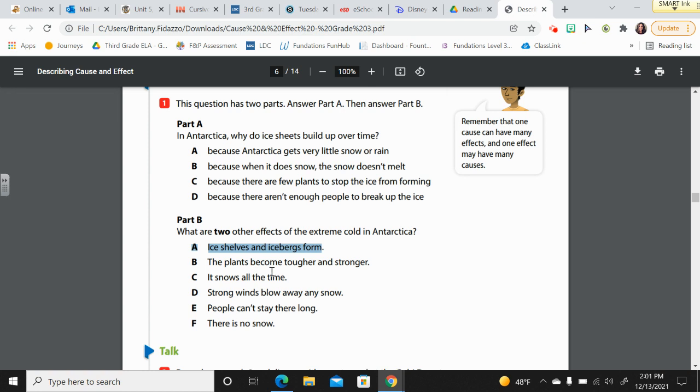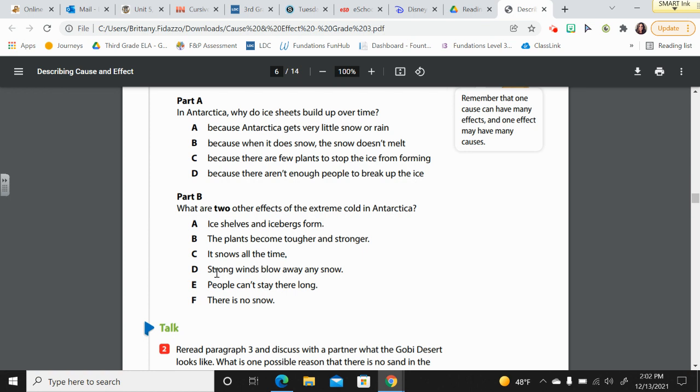The plants become tougher and stronger. Actually, there aren't any plants there because it's so cold. It snows all the time. No, actually, it hardly ever snows. D, strong winds blow away any snow. Was that in Antarctica? No, the winds were blowing in the Gobi Desert.